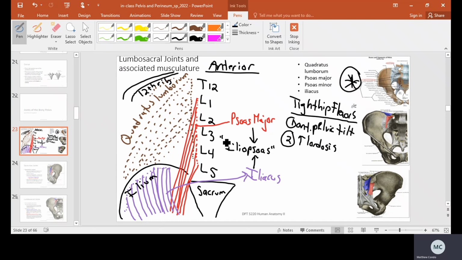For example, psoas major's innervation is the ventral rami of L1, 2, 3, and 4. Iliacus is L2, 3, and 4, which is commonly called the femoral nerve. So psoas major gets a little extra help from L1. Think back to this: how did you test the L1 myotome?